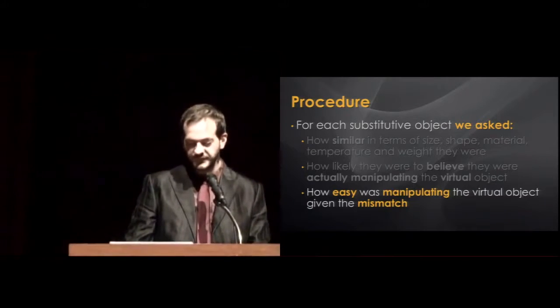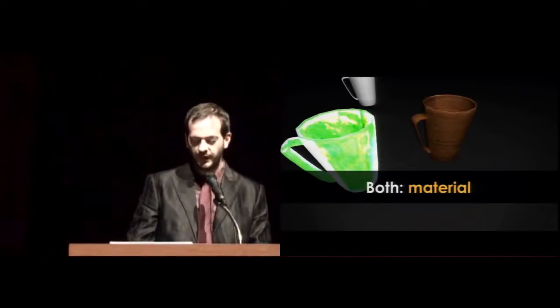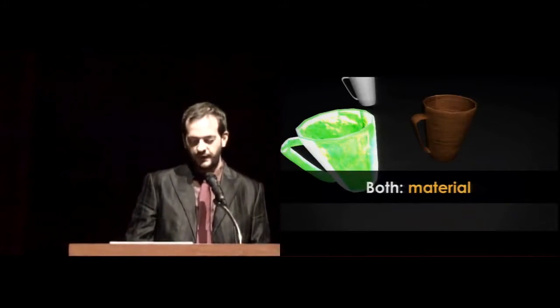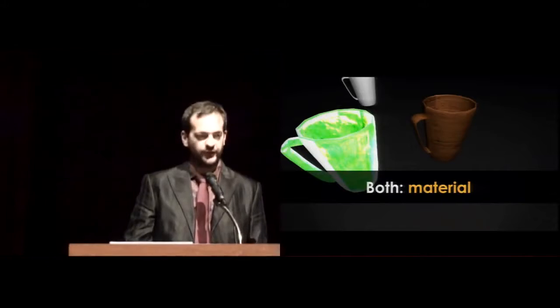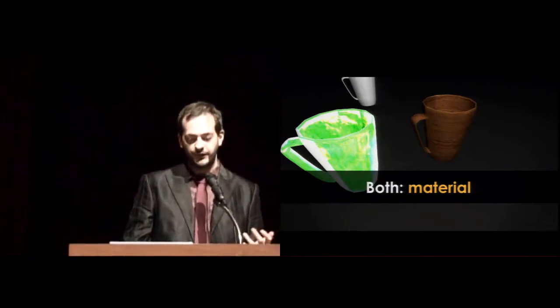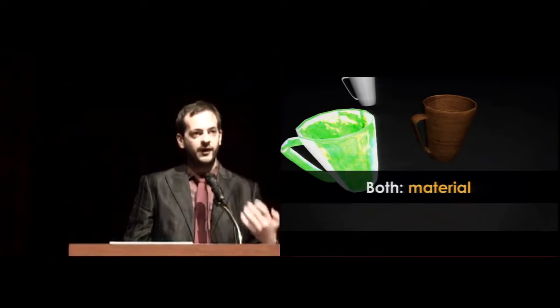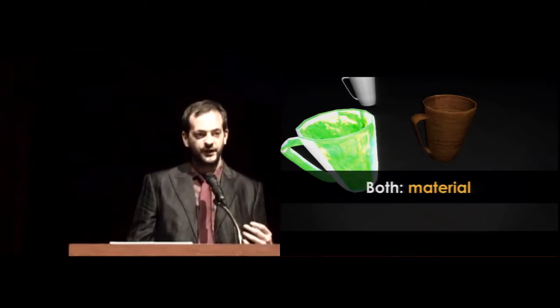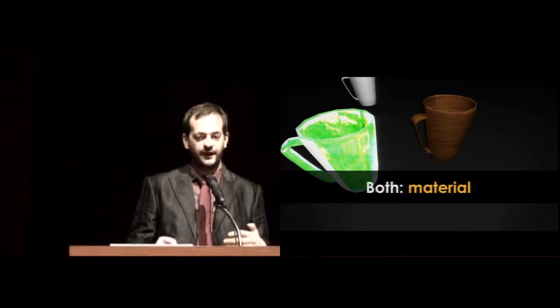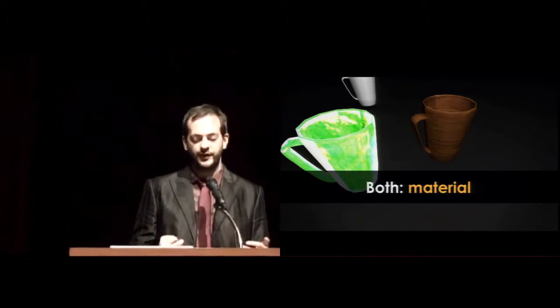they held. In terms of quantitative results, I will go very quickly because there's a lot more detail in the paper. So, of course, as might be expected, some materials were easy to notice the difference. But it's important that the graphic rendering of the material is unambiguous, because if the users don't have a clear idea what the material is supposed to be, then they might have different expectations.